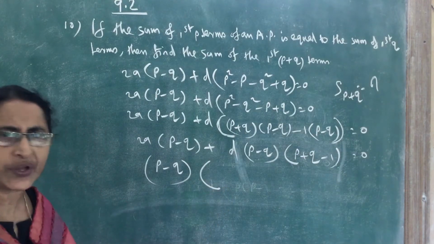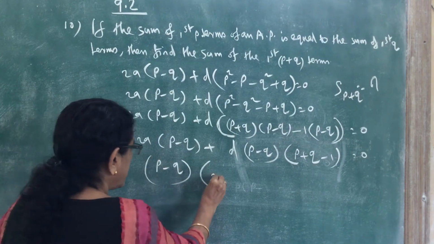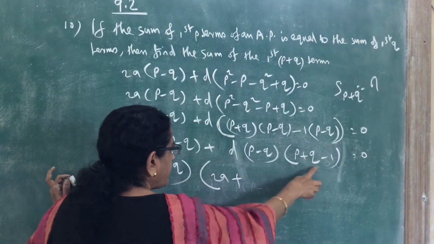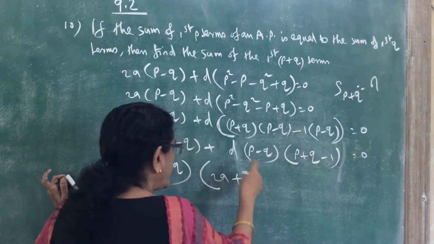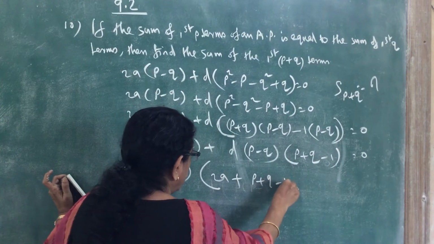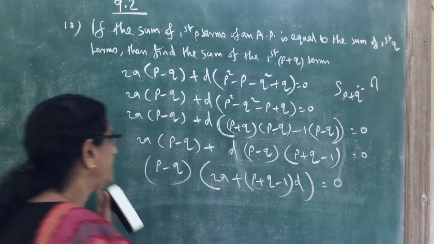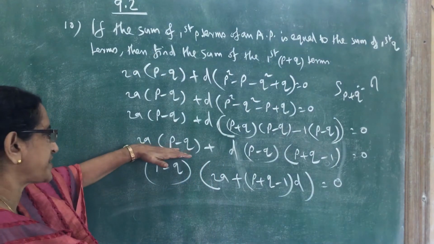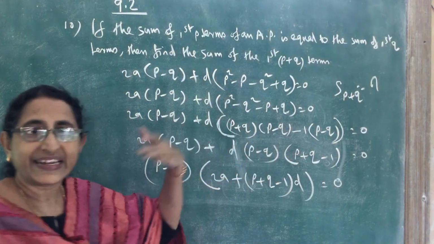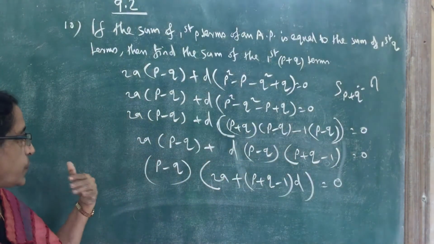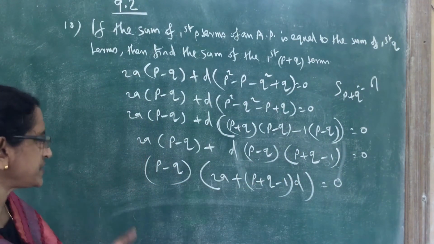So p minus q into, after taking p minus q common, remaining 2a plus, from the other term, what is remaining? p plus q minus 1 into d, equal to 0. So p minus q into 2a plus p plus q minus 1 into d equal to 0.